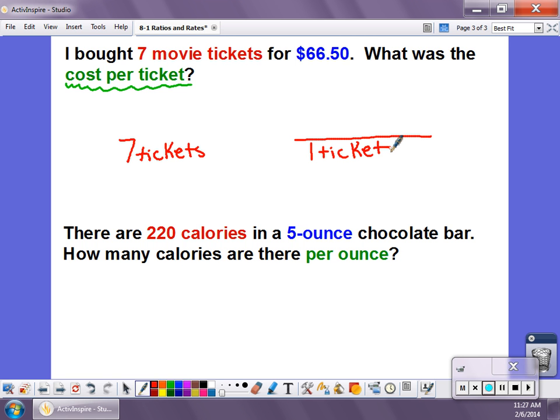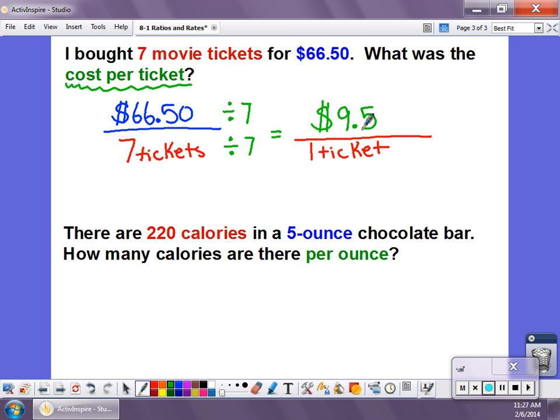So my tickets go on the bottom, which means my cost, the $66.50, has to go on the top. So $66.50 for 7 tickets. To figure out how much per 1 ticket, I have to divide both the numerator and denominator by 7, and I find out that it was $9.50. So it costs $9.50 per ticket.